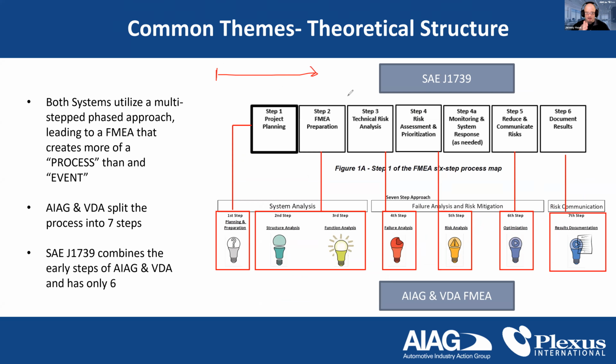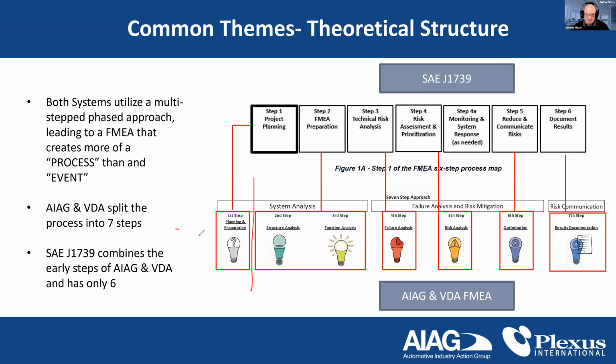You'd go item, function, requirement, failure mode, effect, cause, all that jazz. But the new method, regardless if it's a 6-step or a 7-step process, is going to look at the FMEA as a process. So the new methodology across the board and common to both is one of steps.